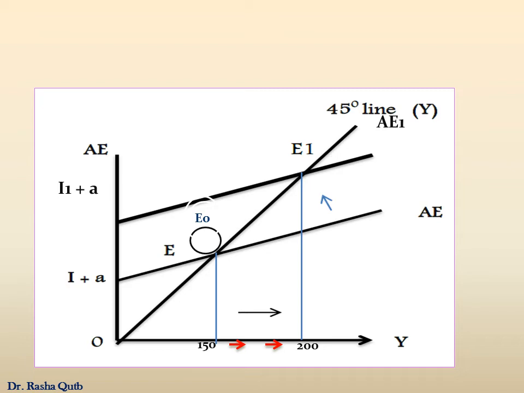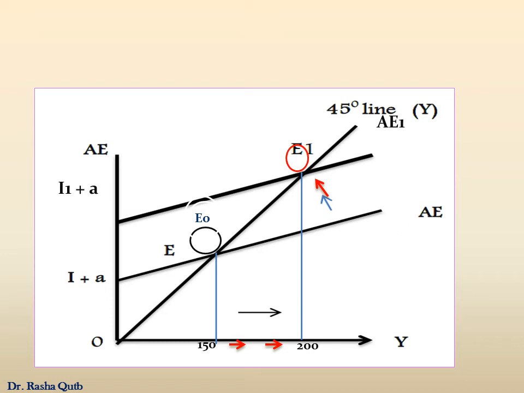As investment increase, طبعا investment ده autonomous or a given number, this would cause an upward shift in aggregate expenditure line from AE to AE1, and we are moving to a new equilibrium at E1.